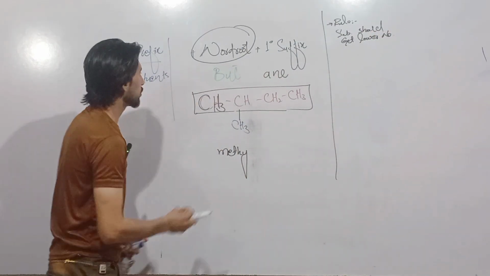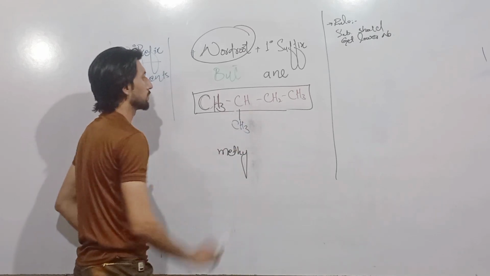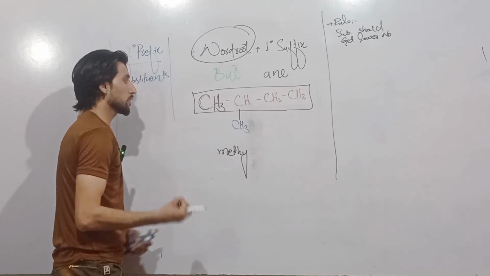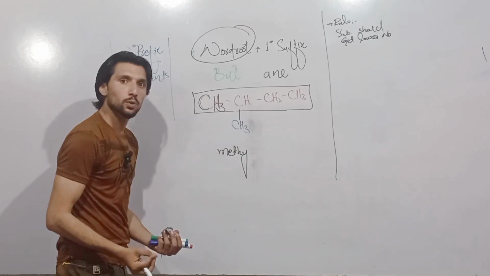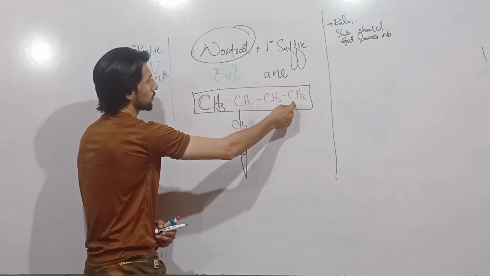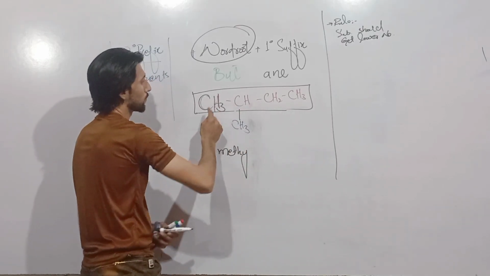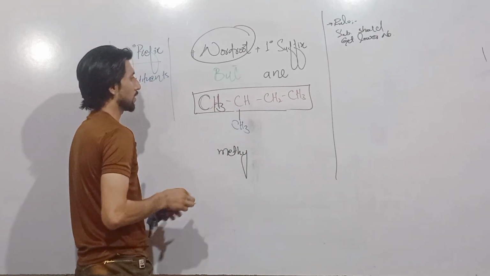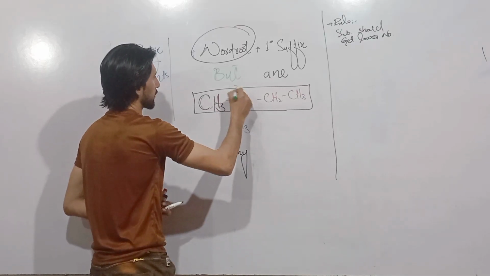By that I mean we should number our main chain from the side in which our substituent gets the lower number. From this side we could see 1, 2, 3, and 4. My substituent comes on carbon number 3.